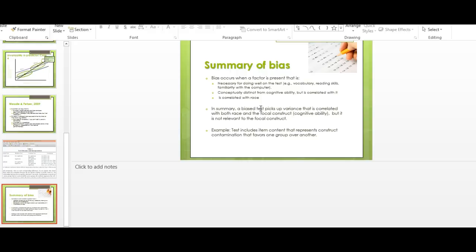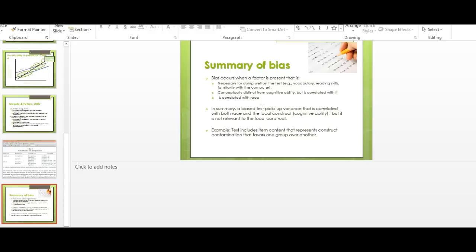A biased test picks up variance that is correlated with the group and the focal construct, but is not relevant to the focal construct. So it is not part of the construct domain, as we would say. So it represents some contamination there. For example, a test includes item content that represents construct contamination that favors one group over another.